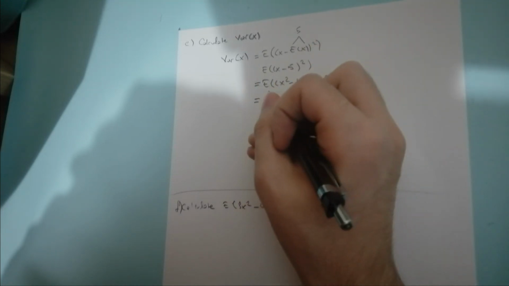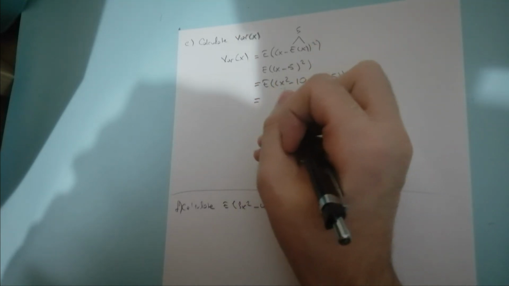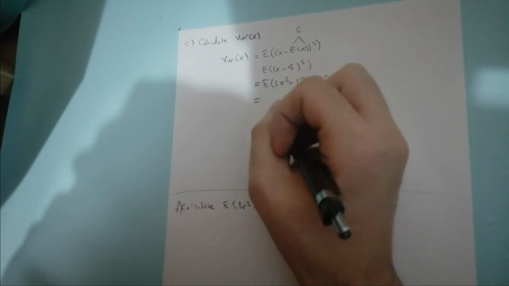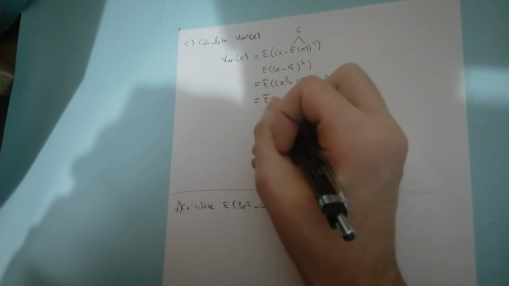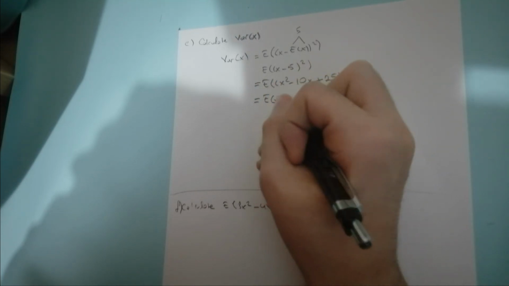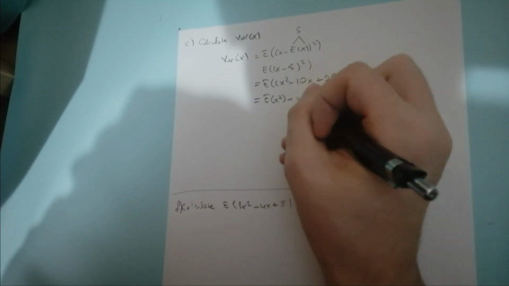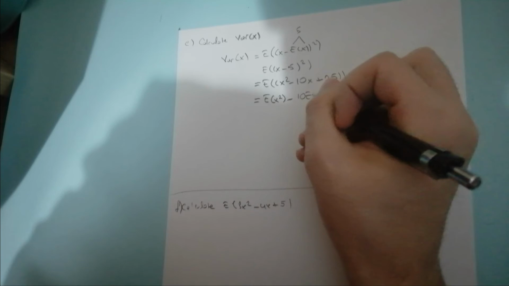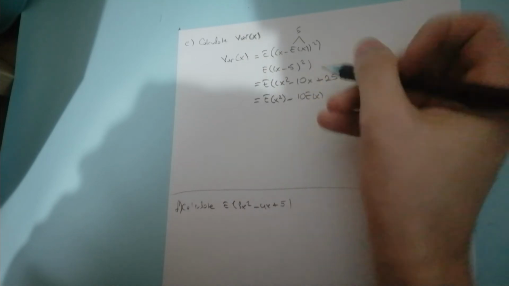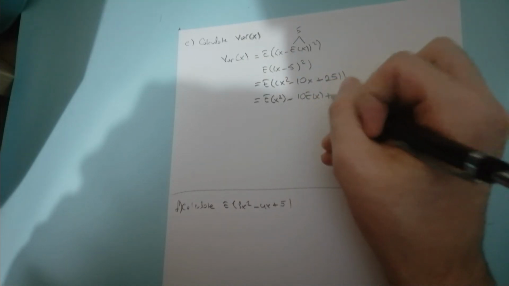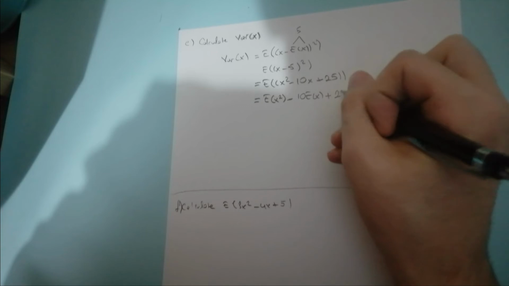So we apply E to them, so it is E of x squared minus 10 E of x plus 25.